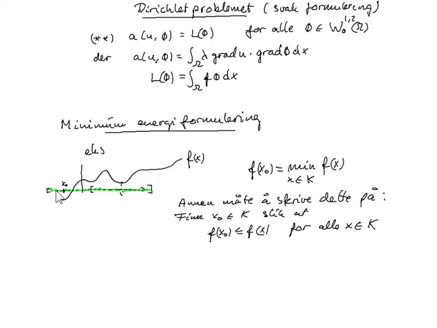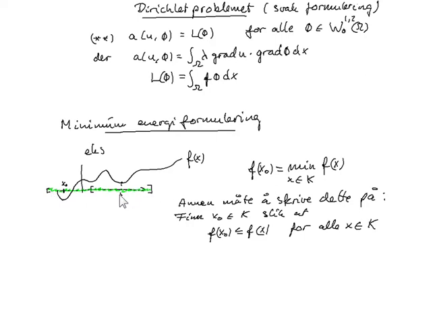If we have some real function called, for example, f of x, then consider the minimum of this function over some set, for example this set, which is in this case an interval, the green interval from this point to this point.